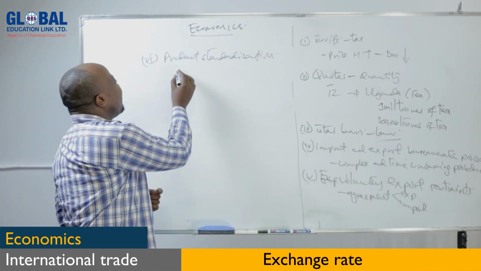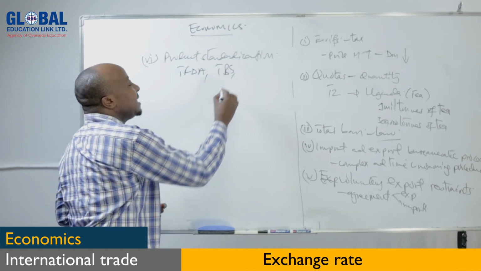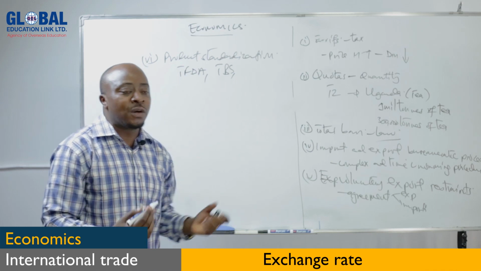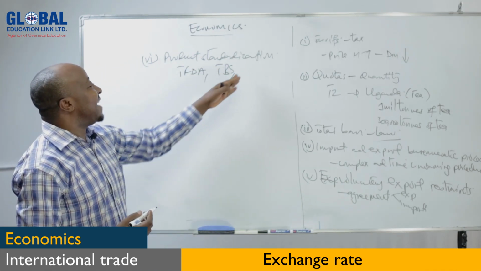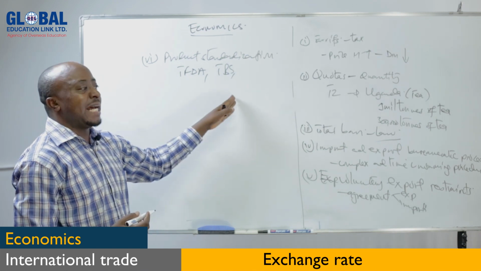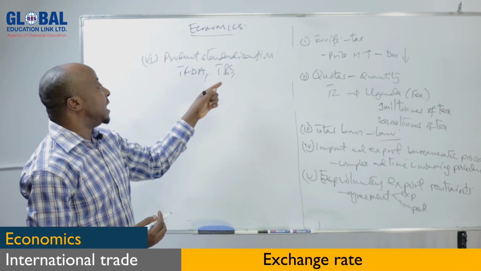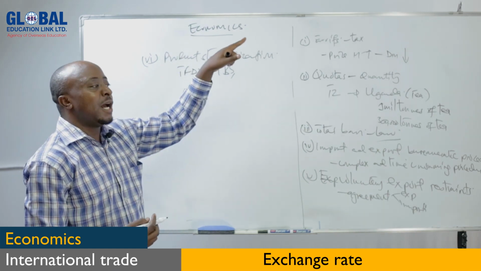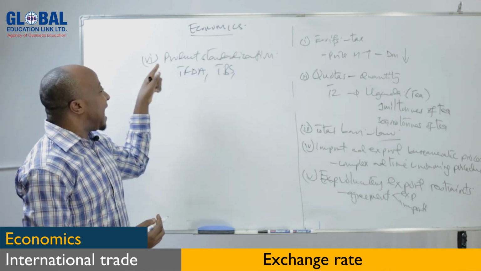For example, we have the TFDA, we have the TBS. These deal with the quality and the standard of the goods which should be consumed and used in Tanzania. Now, through these agents, the government can set a very high standard for a good to be imported in Tanzania. That means any good which will not qualify to that standard will not be imported. So you will reduce import by setting standards for those goods.